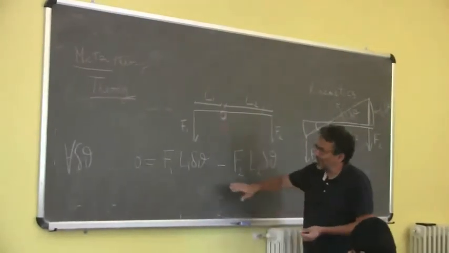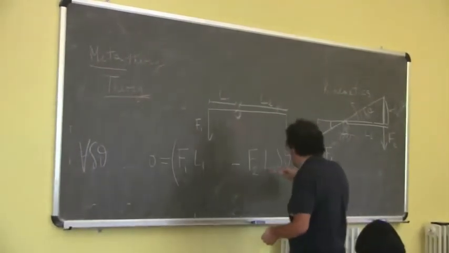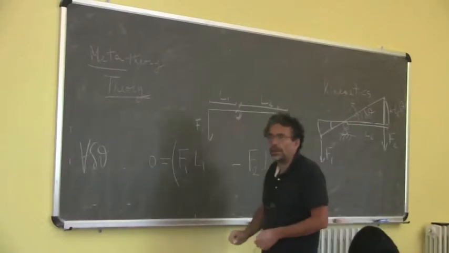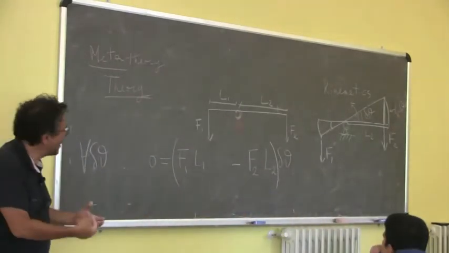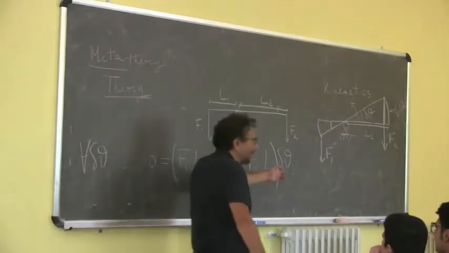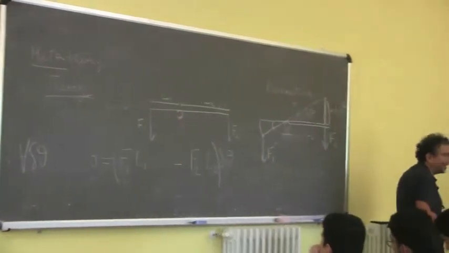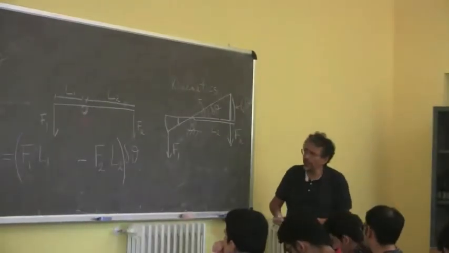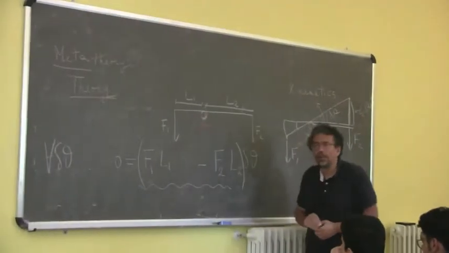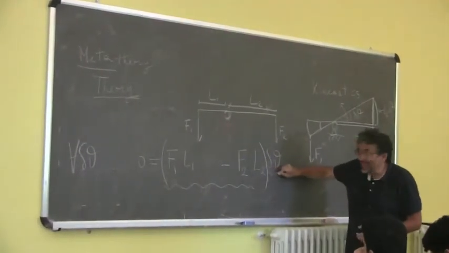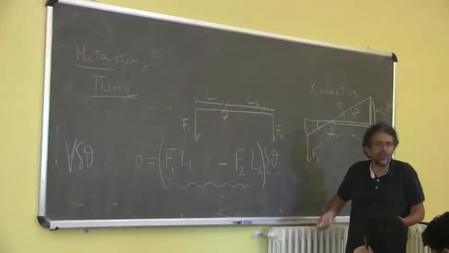So you are not afraid to say that this is equal to 0 if and only if you can extract delta theta, and you have this number. So you have one number multiplied by every delta theta, and it has to be 0.